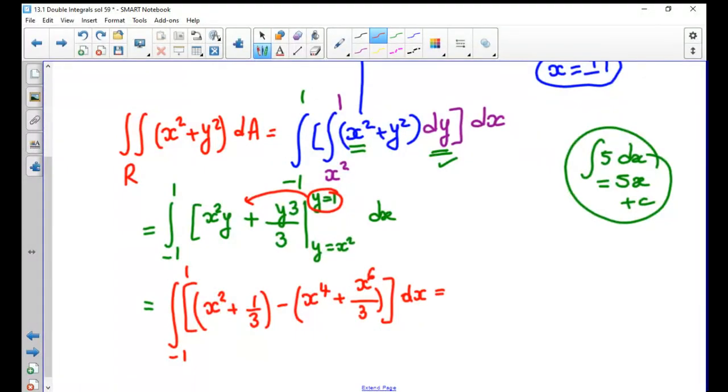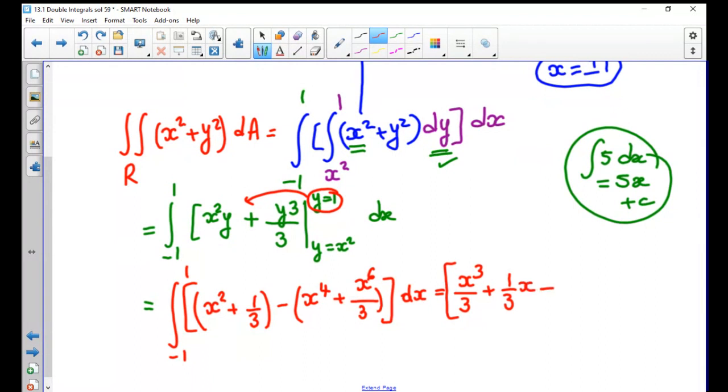Okay, now I need to integrate each one of these terms. X squared will give us x cubed over 3. 1 over 3 will give us 1 over 3 x.